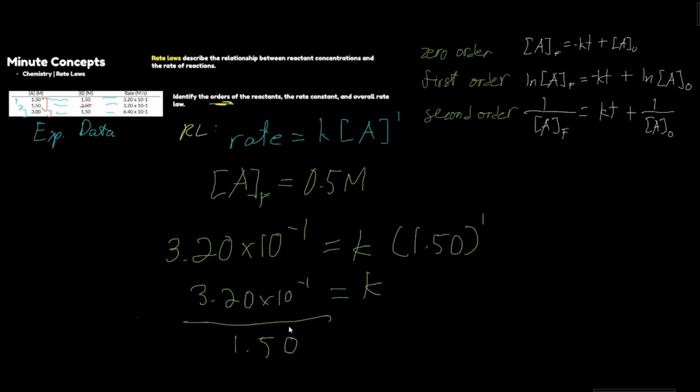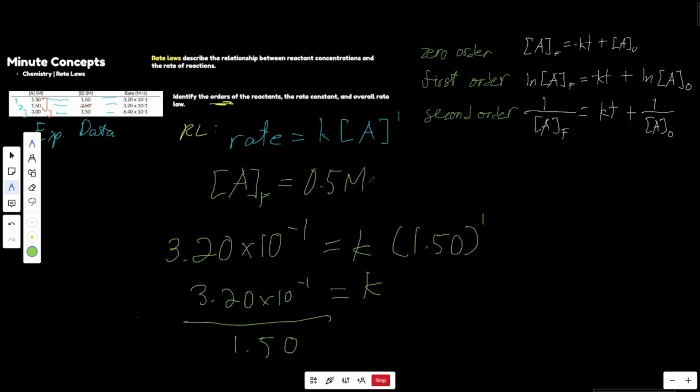Using our calculator, 0.320 divided by 1.5, K is equal to 0.213333333333.